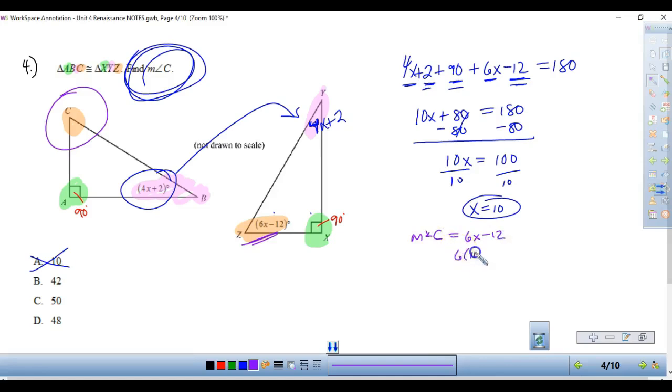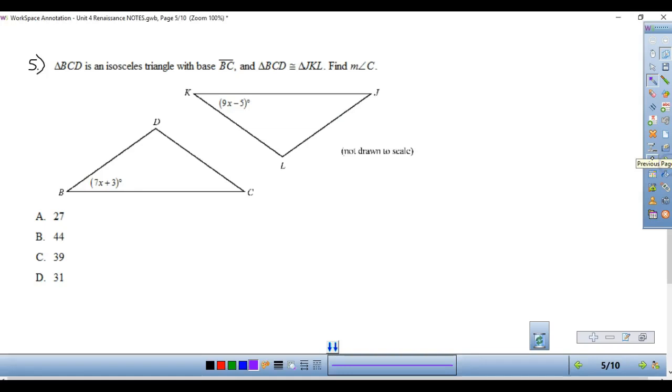So I can do 6 times 10 minus 12, and 60 minus 12 is going to give me 48 degrees for a measure of angle C. So it's all about matching, and if you don't have two angles that both have different information that you could make into an equation, you can add the three angles to equal 180 as long as they're in the same triangle. Alright.